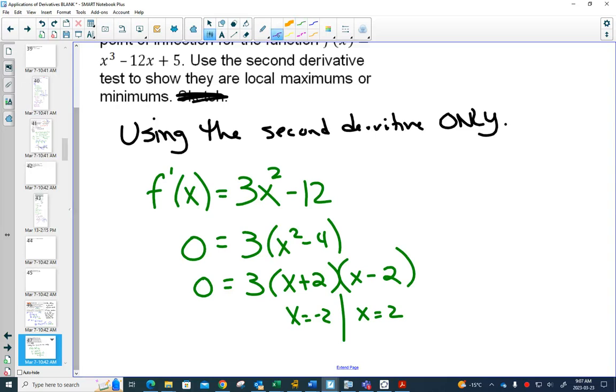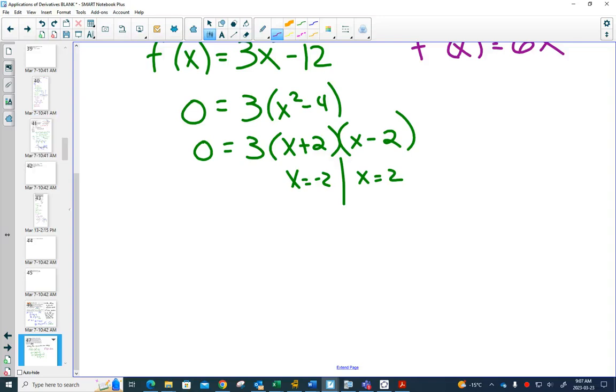Instead, skip right away to your second derivative and find out that the second derivative is just 6x. Okay, and now we'll make a couple of statements.